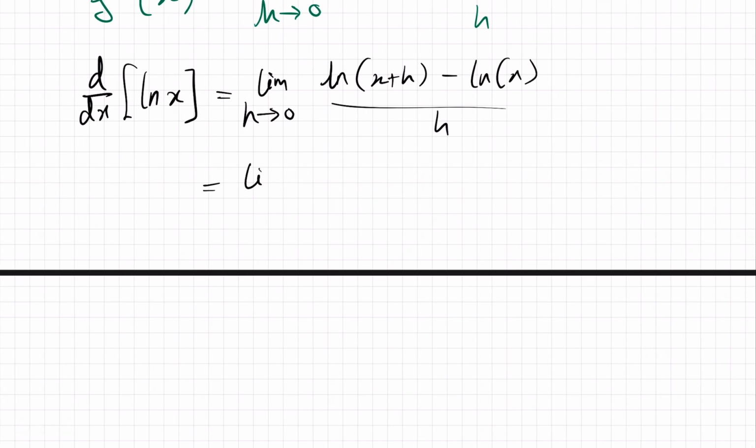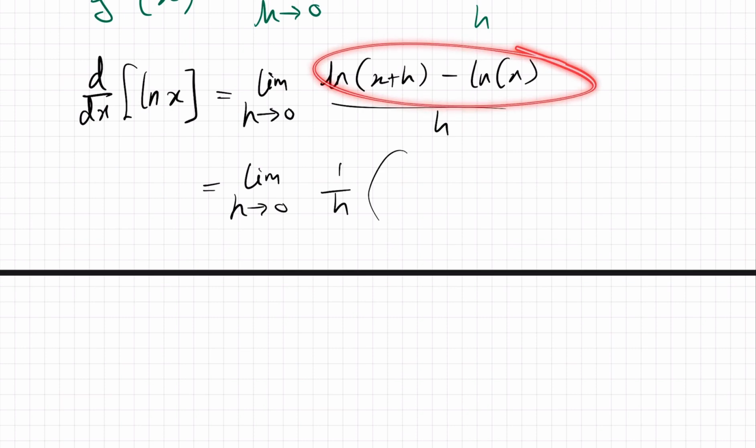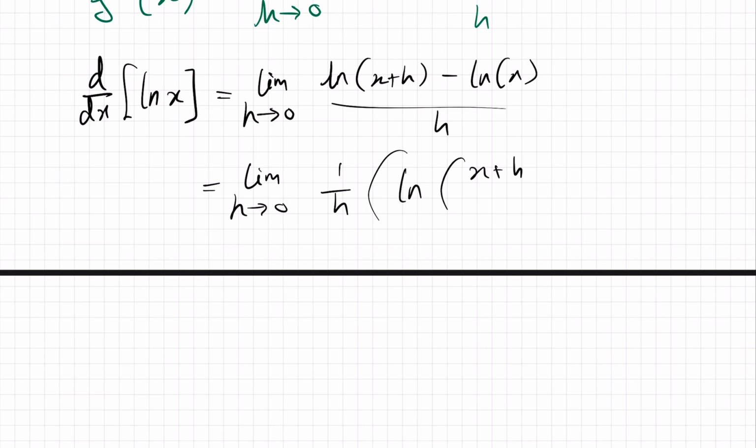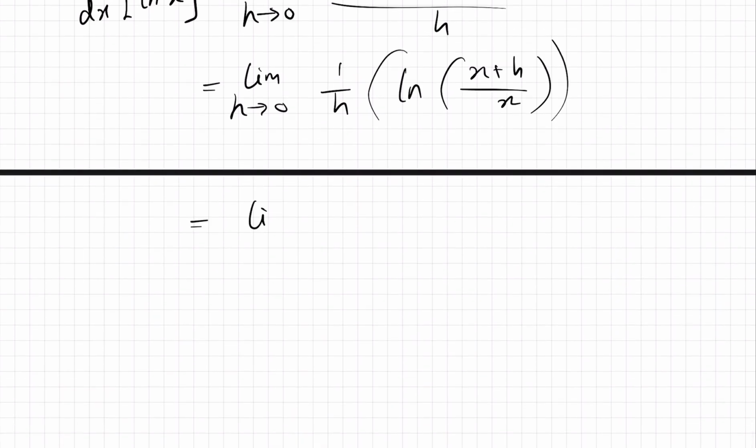So firstly, I'm going to move this 1 over h out to the start, and then you can see that this ln, we can use our log laws, so we can rewrite this as ln of x plus h over x. And we can then use another log law.